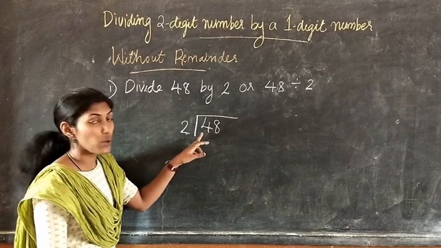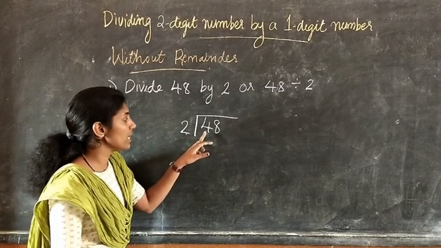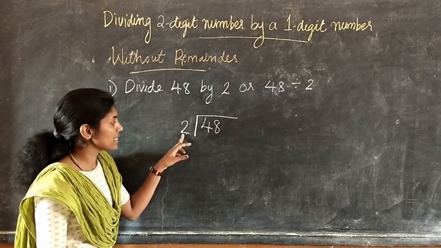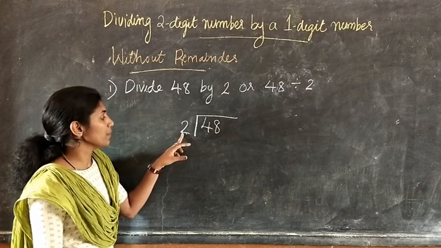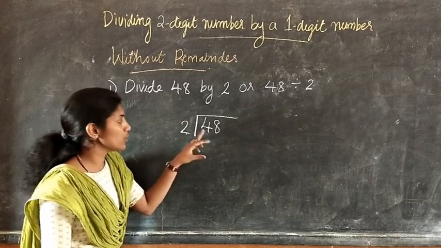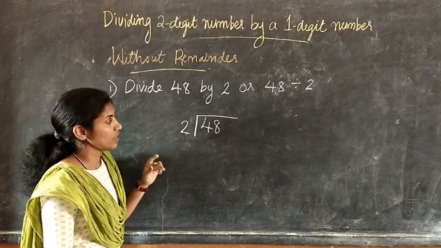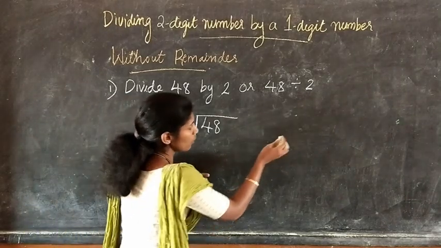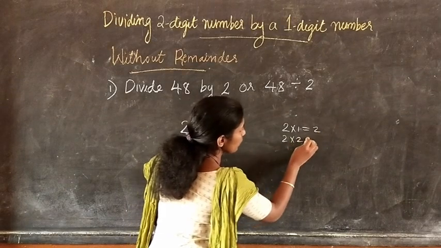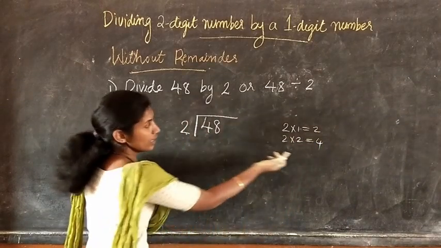First step, we have to divide the tens digit of the dividend by 2. For that we have to recite the multiplication table of 2 till we get a number equal to 4 or less than 4. So you can write the table in the working column, that is 2 into 1 equal to 2, then 2 into 2 equal to 4. So here we got 4.